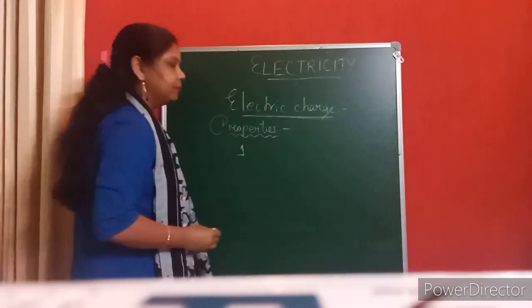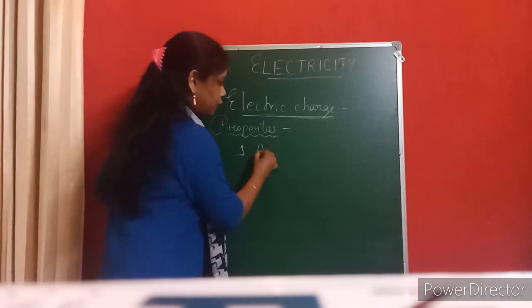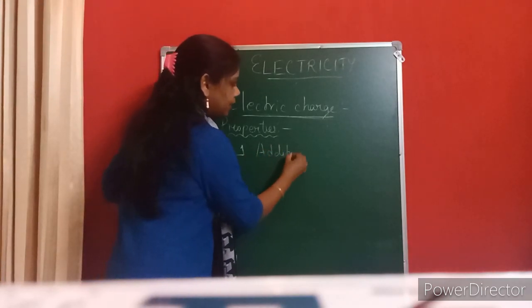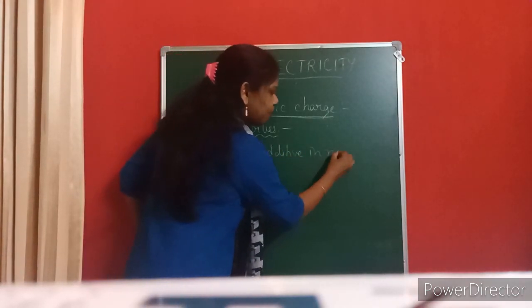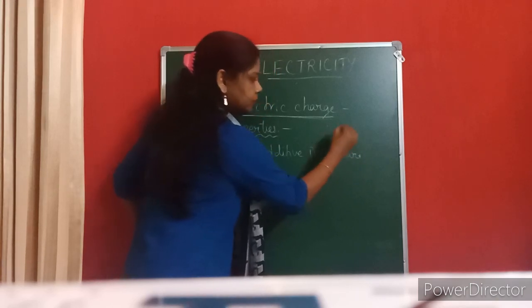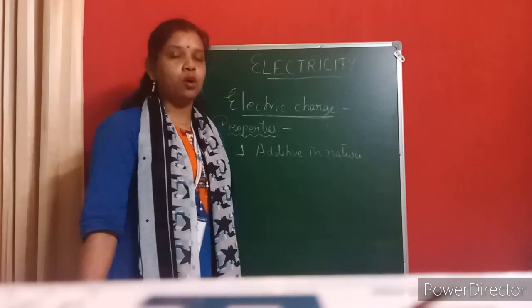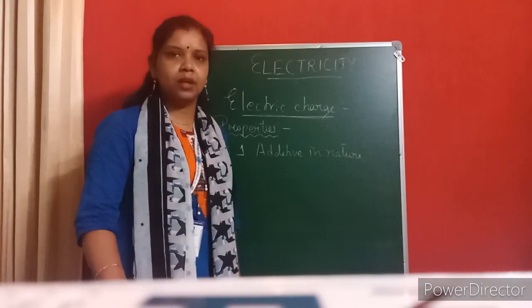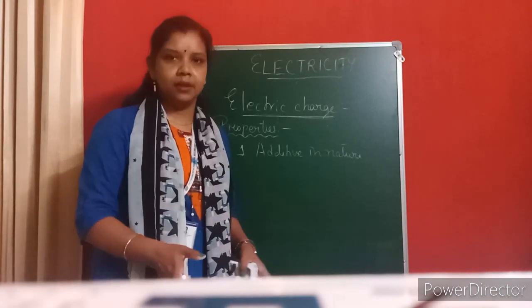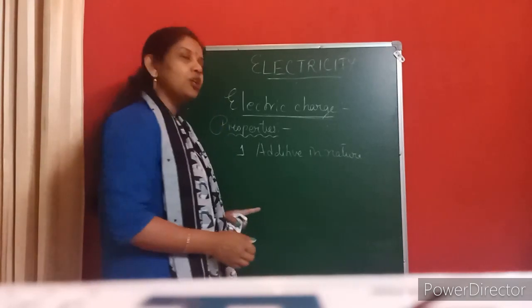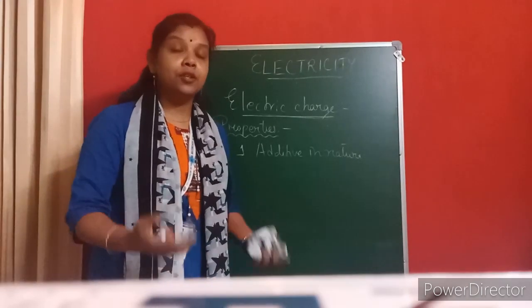Number 1, additive in nature. Additive means addition. Just now we did it: a body with 5 protons and 5 electrons, what is the total charge? So additive in nature means charges add up.